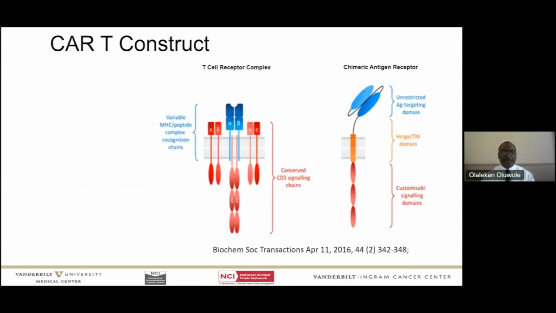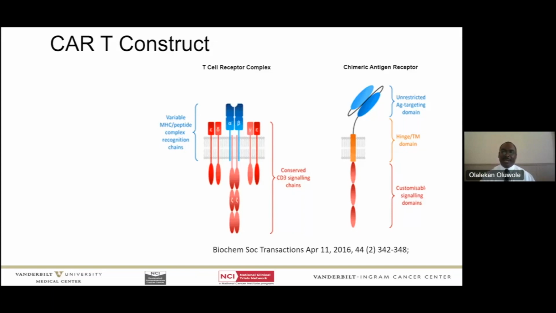So the figure on the left is a T-cell receptor. It is very complex. That is the natural T-cell receptor that all T-cells are made with. The one on the right is the chimeric receptor. As you can see, it is a lot smaller because we do not have the technology to create a T-cell receptor complex right now, but we do not need all of that.